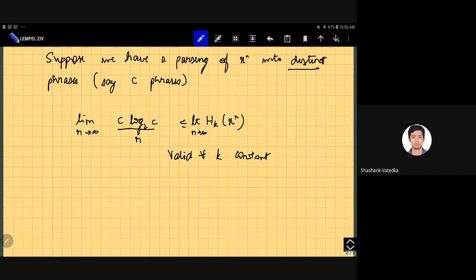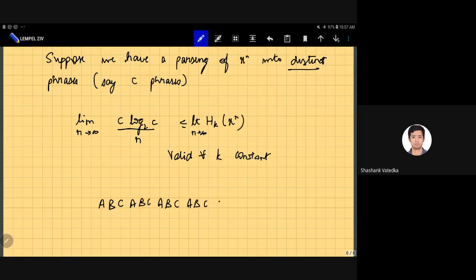For example, if you have the sequence of all a's, so you have n a's, in this case it turns out that the asymptotic rate is vanishing in n. Or even if you have a lot of repetitions, let us say I have the sequence A, B, C, A, B, C, A, B, C, A, B, C, and so on.